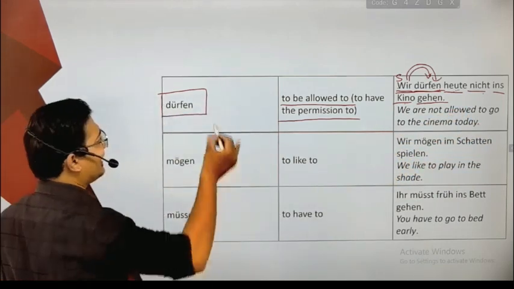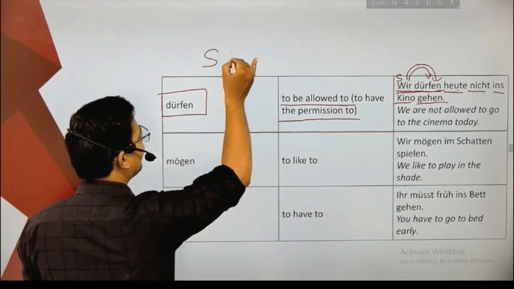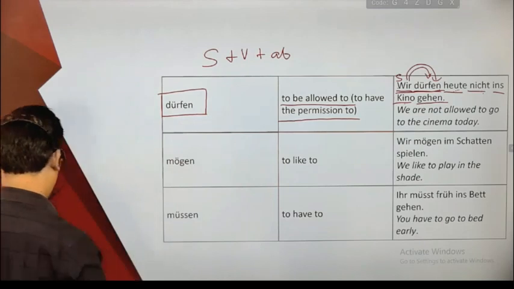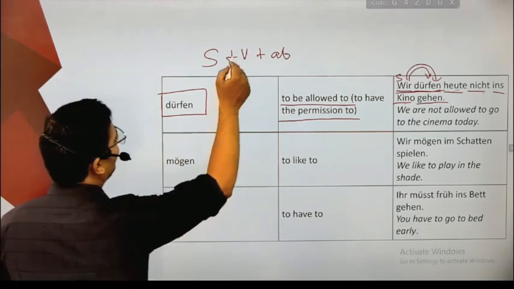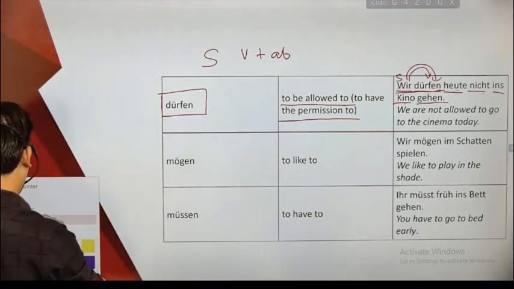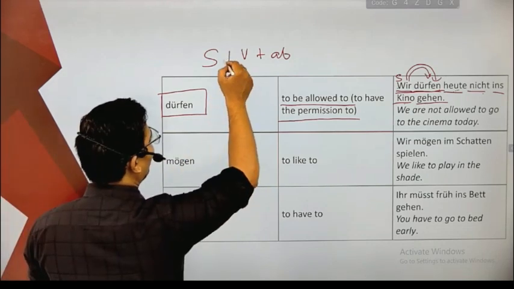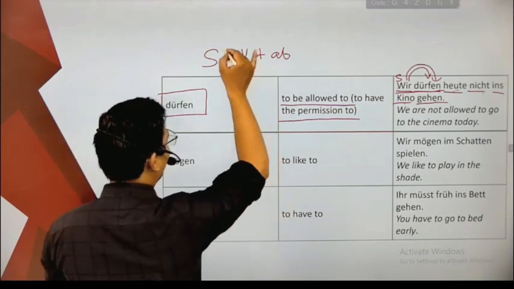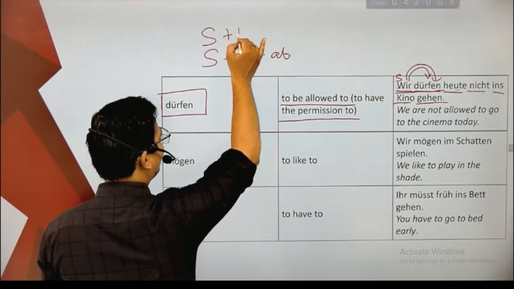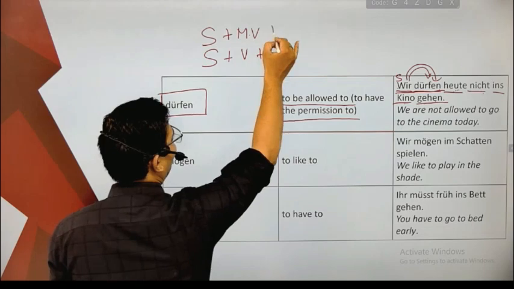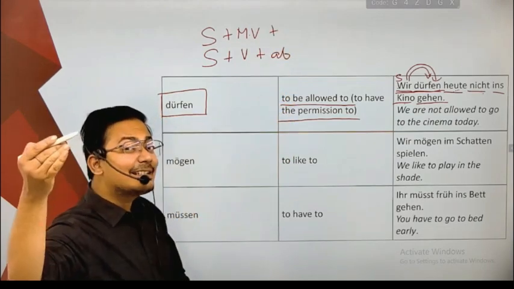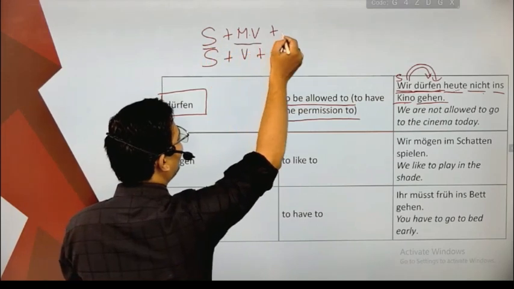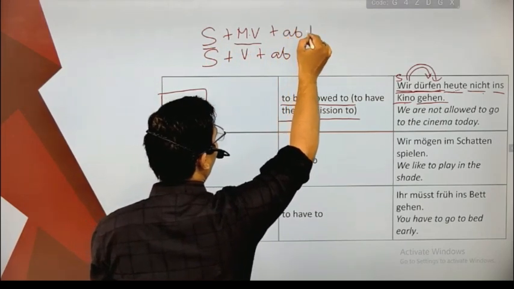If you see the sentence formation, we need subject, verb and object to frame a sentence, right? If there is a modal verb at the second place and one more verb in the sentence, then the structure will be subject, modal verb, object and main verb.